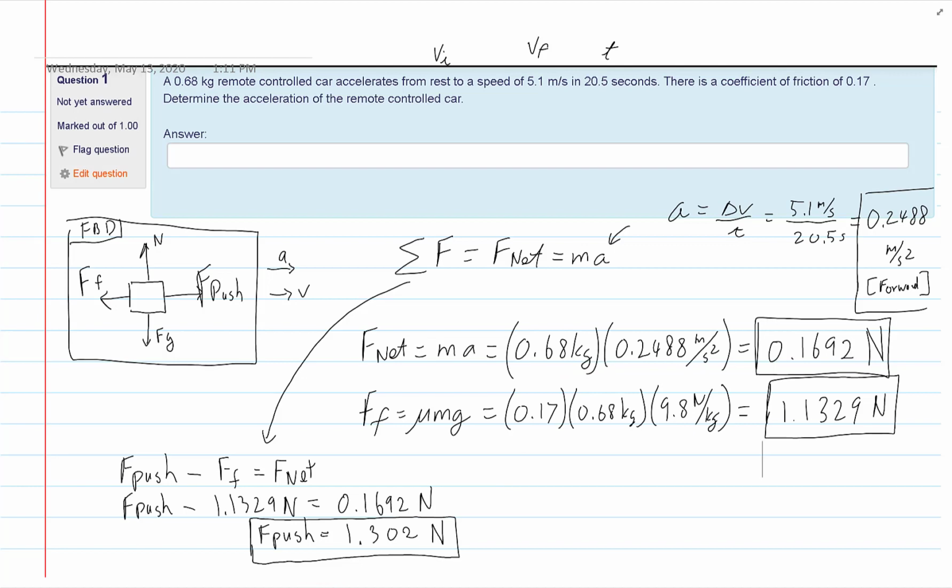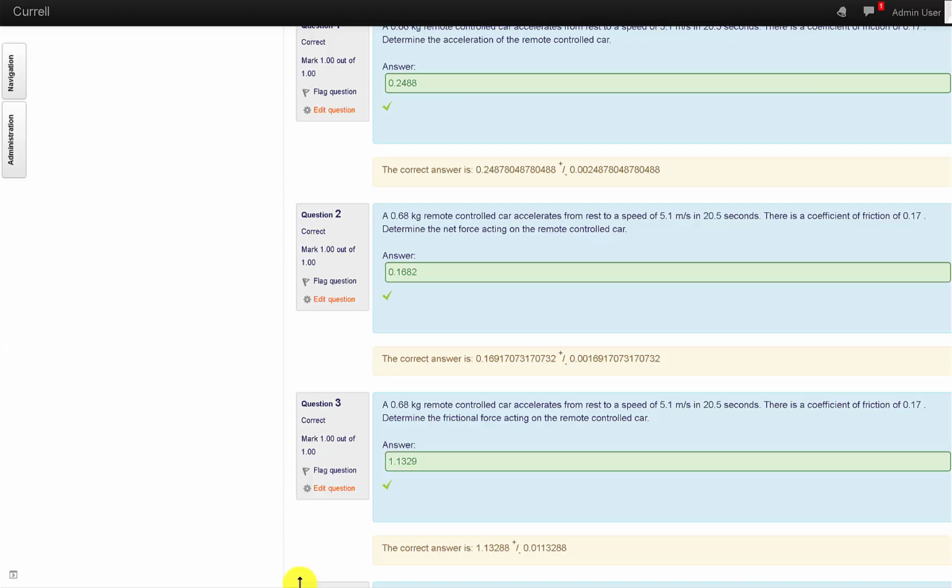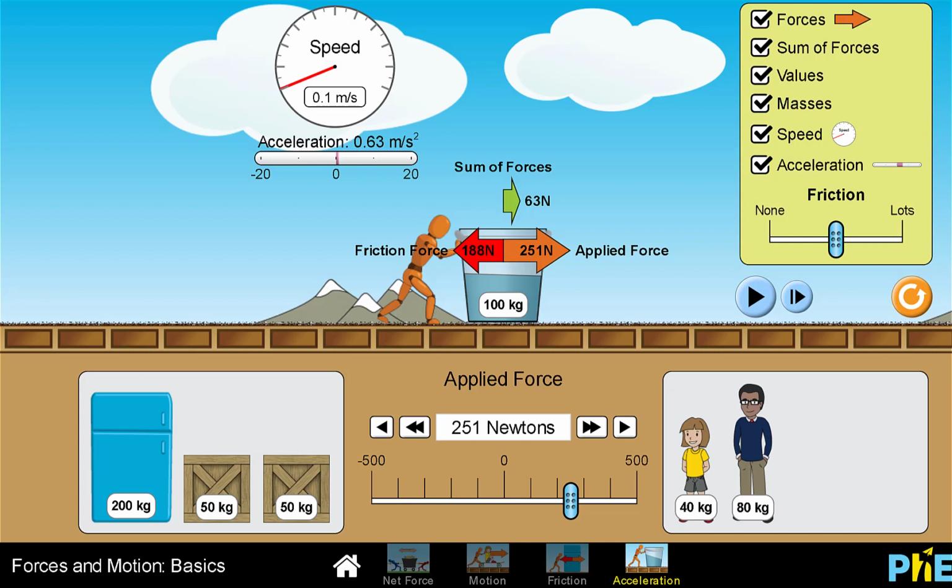It's kind of like you're pushing, but friction doesn't push back with all of the same amount, so you're going to be accelerating because you have a net force.